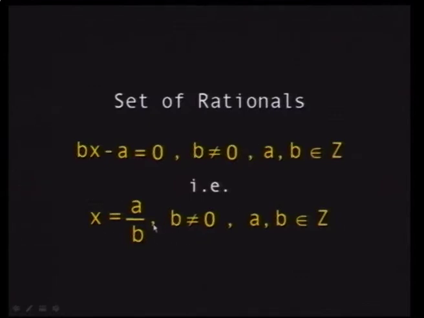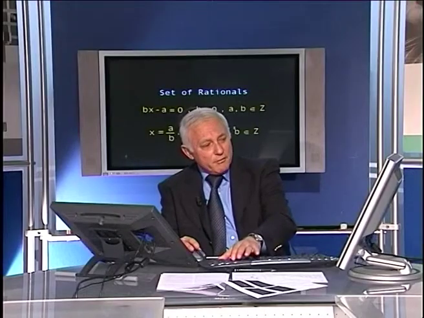So you can put them in this form: x is equal to a over b, where b is not 0, and a and b are integer numbers. Now, mathematicians thought that most of the numbers we deal with, because in the market you always deal with rational numbers like a half, a third, 3 divided by 11, etc., belong to this set, except very few instances like pi, e, square root of 2.